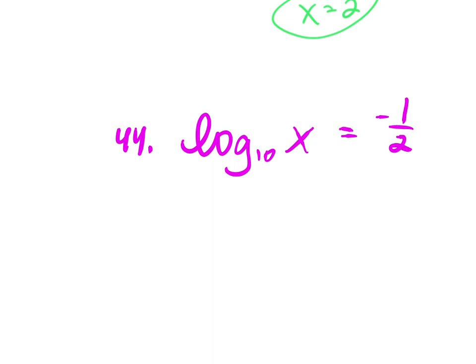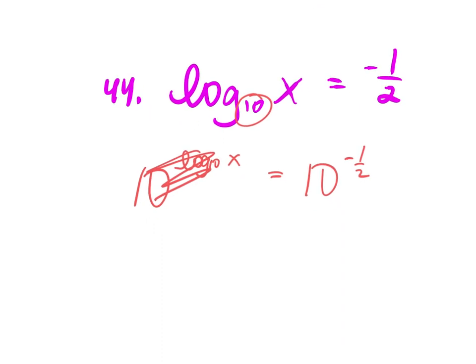All right, logarithmic. Opposite of logarithmic is exponential. I don't have anything being added, subtracted, anything like that. So I'm going to use this little base and make it my big base. So 10 to the log 10 to the x equals 10 to the negative 1/2. So that crosses out. You get x equals. Guys, when you put this in your calculator, when you put that caret button in, you need to put -1 divided by 2 in parentheses.